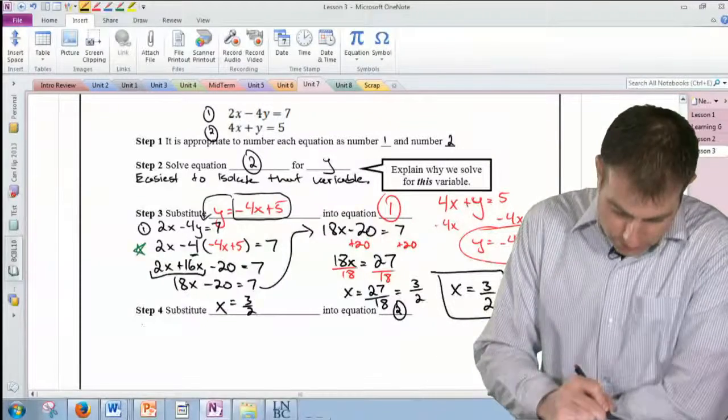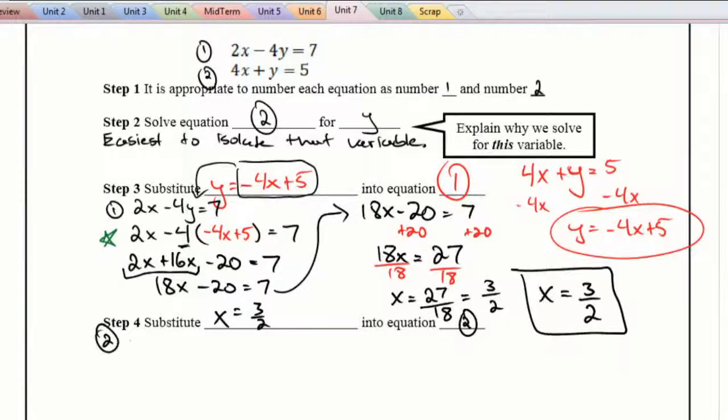All right, so equation 2 was 4x plus y is 5. I'm going to go 4, and then I'm going to substitute everywhere there's an x. I know that is equal to 3 over 2.